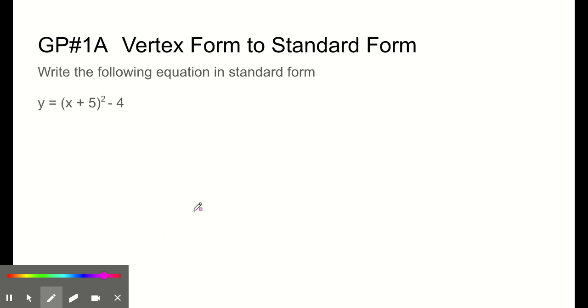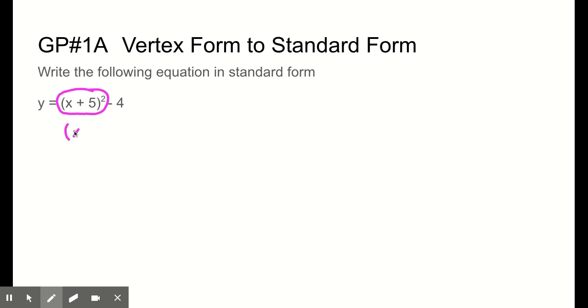So our first GP is to take the equation y equals x plus 5 squared minus 4 and write it in standard form. So again, we need to take this binomial squared and do something with it to get rid of those parentheses. Now remember, when you have a binomial squared, what that means is we're looking to multiply the binomial times itself.